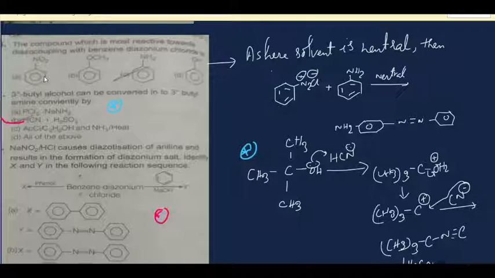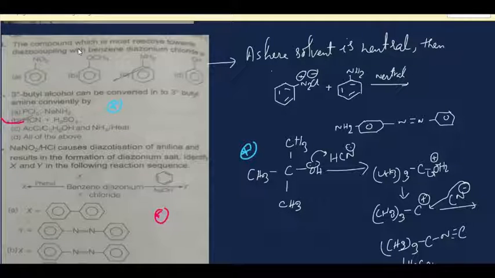The next question says that the compound which is most reactive towards diazo coupling with benzene diazonium chloride is. Here nitrobenzene is given, here methoxybenzene is given, here aniline is given, here phenol is given.